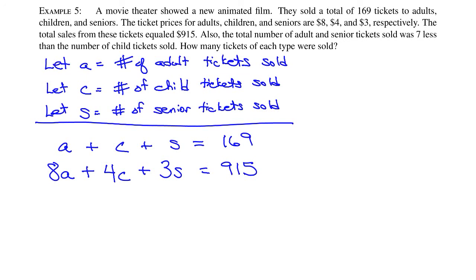Finally, we need one more equation since we have three variables. And the sentence is, the total number of adult and senior tickets sold was 7 less than the number of child tickets sold.